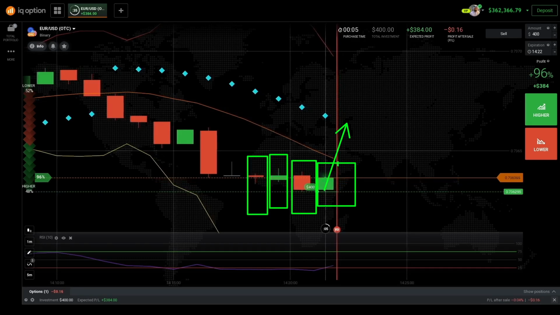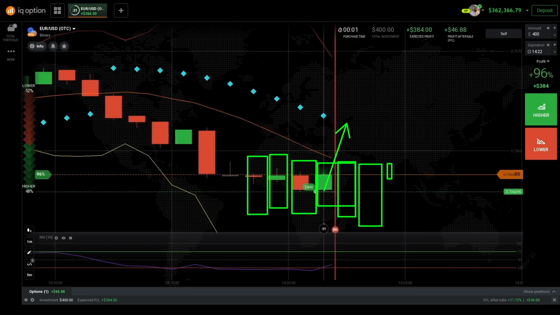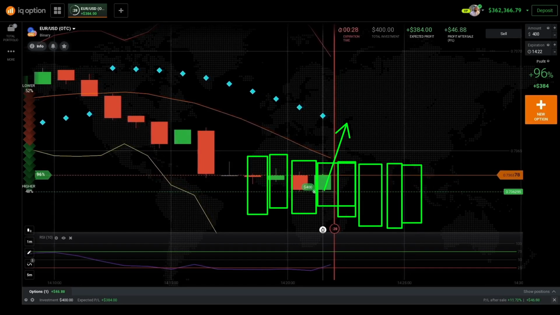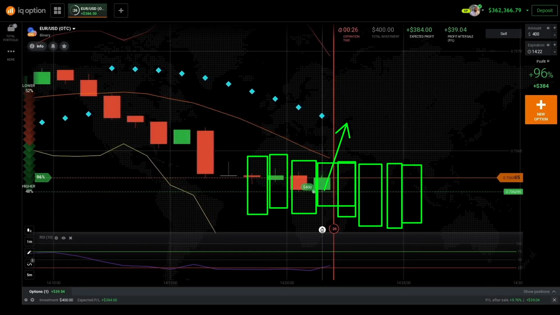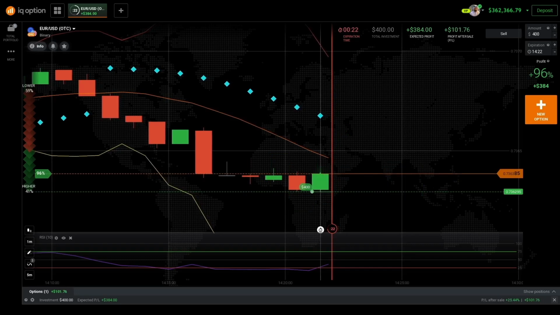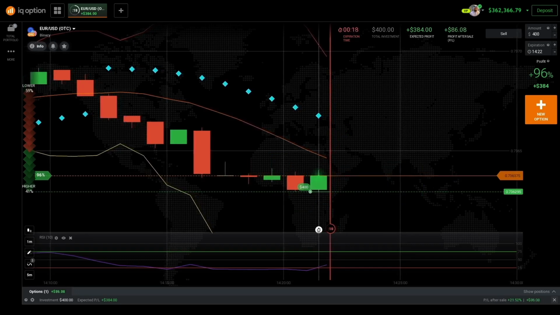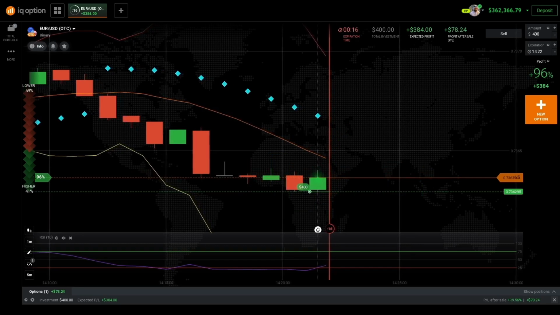And I still have the next 4 candles, right? The next 4 candles. I will try to predict the colors, and I will make profit from my predictions. If you know the color of the candle, you can make a win, right?